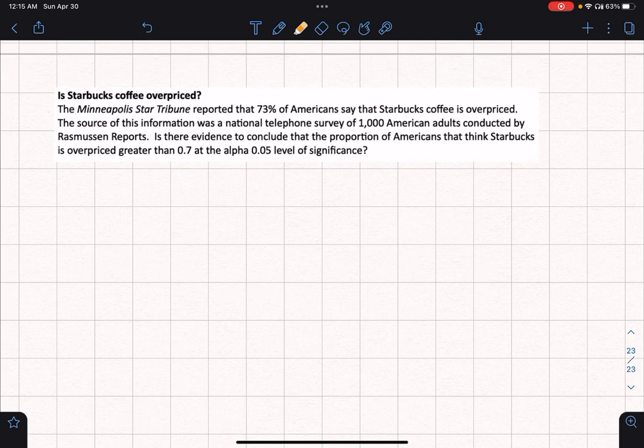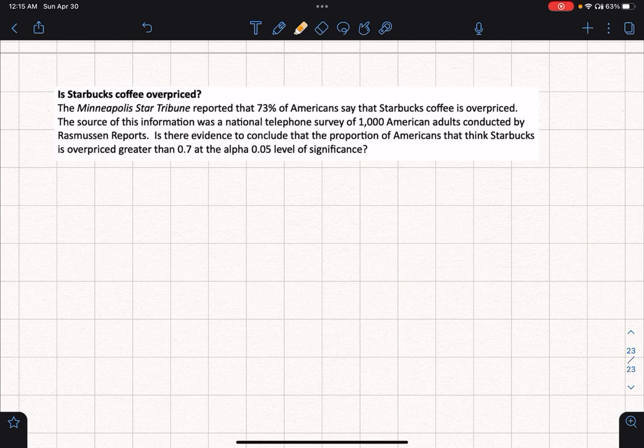Okay, so another example. We did this example last week as well when we created a confidence interval. Let's recall. The Minneapolis Star Tribune reported that 73% of Americans think Starbucks is overpriced.